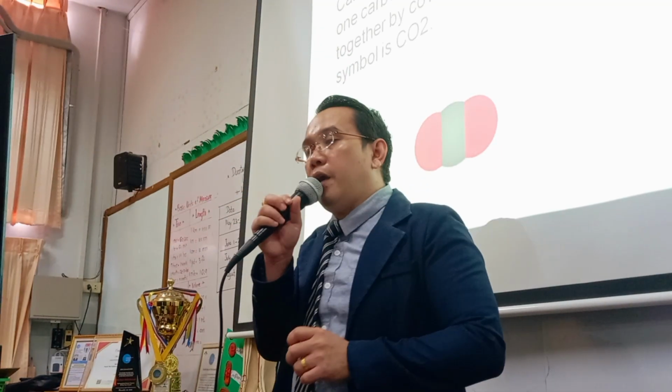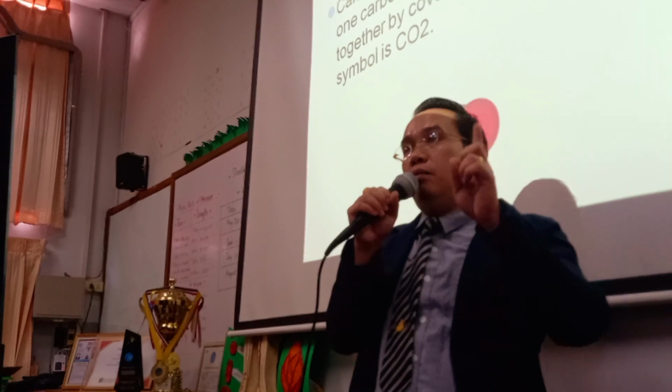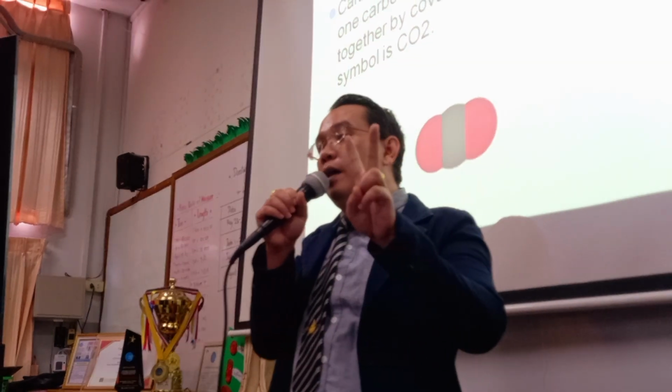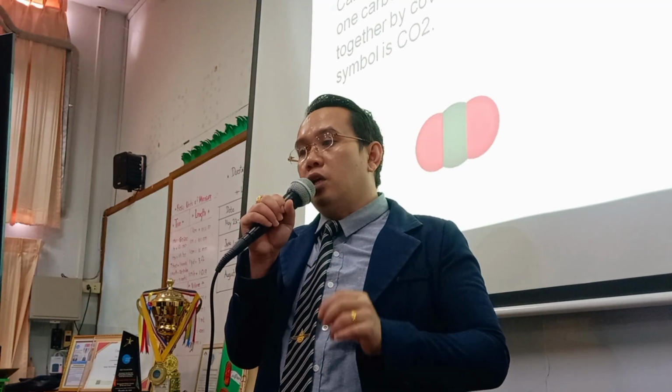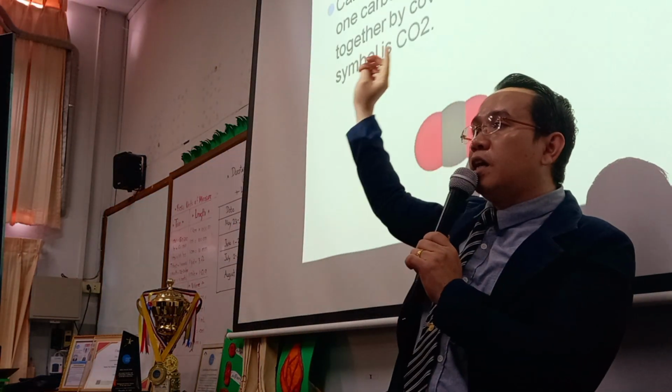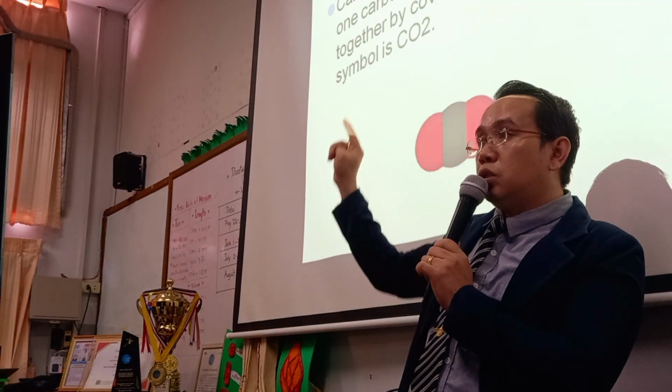What about carbon dioxide? Carbon dioxide molecules are made from one carbon and two oxygen atoms joined together by covalent bonding. So the chemical formula of carbon dioxide is CO2.